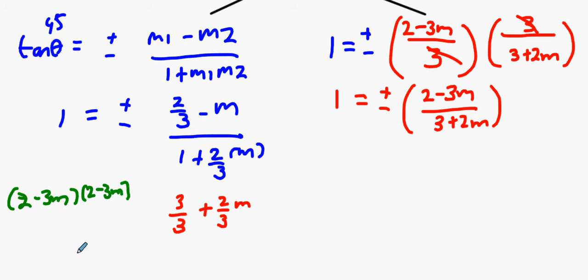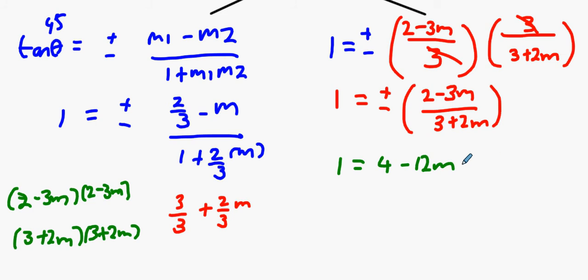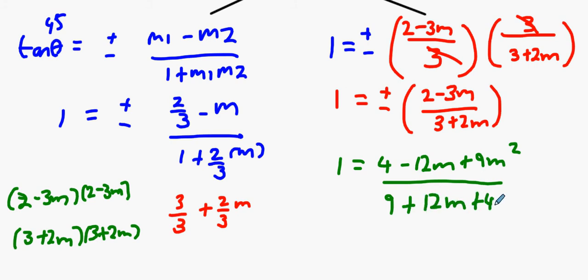I'm also going to do 3 plus 2m by 3 plus 2m. So let's see what happens. We get 1 equals 4 minus 12m plus 9m squared, all divided by 9 plus 12m plus 4m squared.